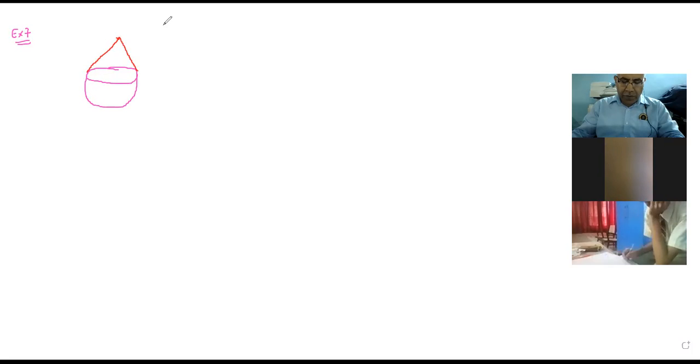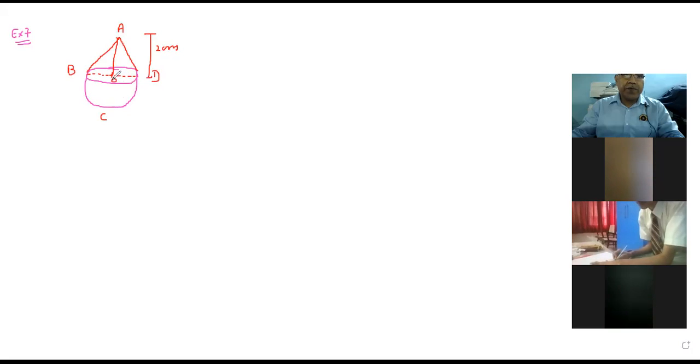The height of the cone is 2 centimeters. So this is the diameter of the circle. So this is the height of the cone. Let it be A. Somewhere this is B. This is C. Let it be D. Let it be O.